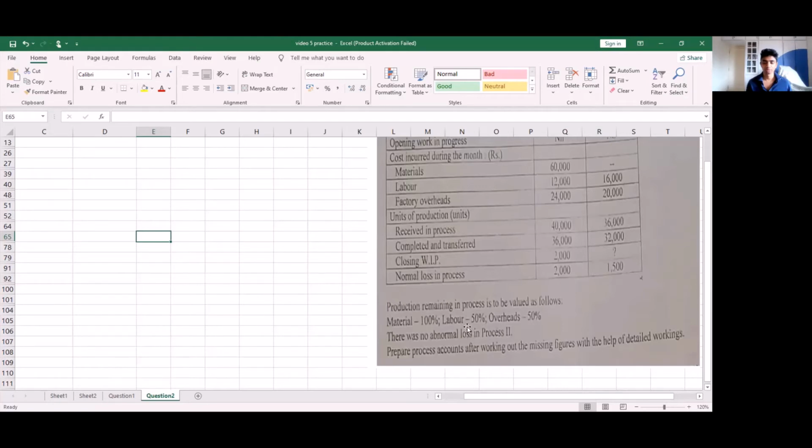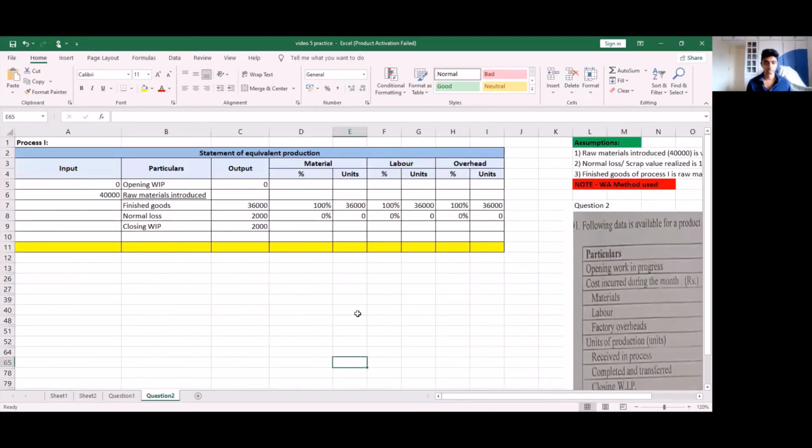Materials 100%, labor 50%, and overheads 50%. So 100% will be 2000 itself, 50% will be 1000.